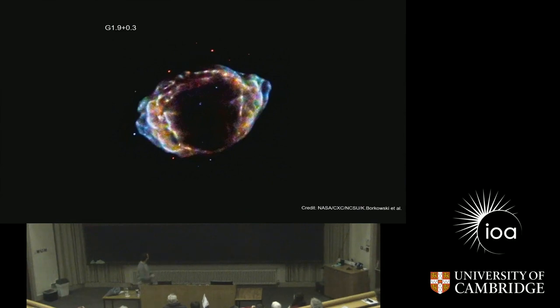This is G1.9+0.3. And this is the most recent supernova from our galaxy. This cloud is about 110 years old. So I said earlier that the last supernova observed from Earth, which occurred in our galaxy, was in 1604. So why didn't we see this one?